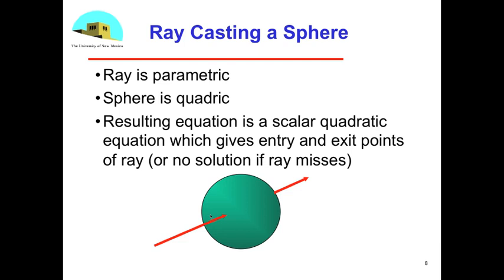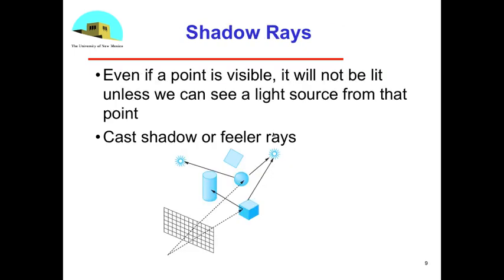Now, the next step is once you've found the closest intersection, we could think of a scene with a bunch of quadrics now. We'll add polygonal objects a little bit later. Now what I have to do, once I've found the closest intersection along the ray, is figure out if that point is lit or not. So now I cast rays again, from this point of intersection.